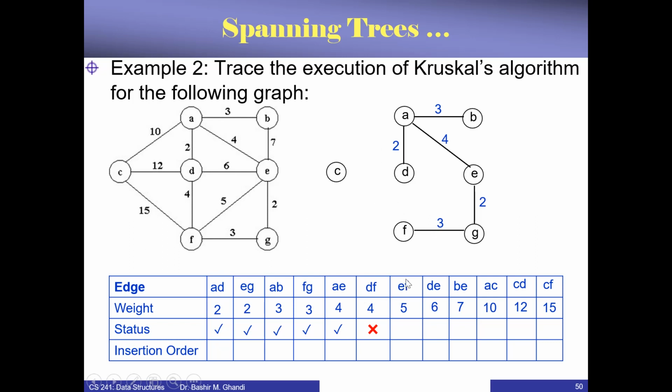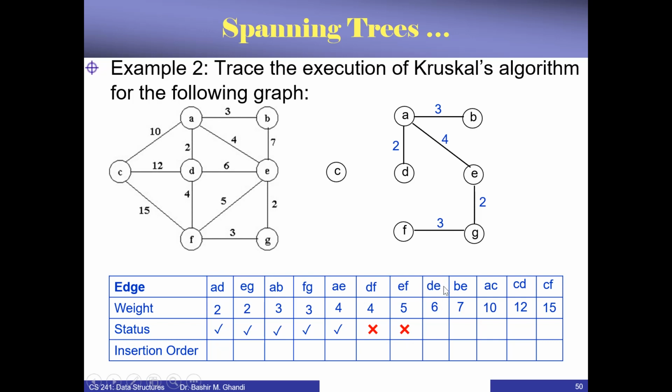Next is edge EF. Again, you can see adding EF will create a cycle, so EF is equally going to be rejected. Throw it away, because it will create a cycle.